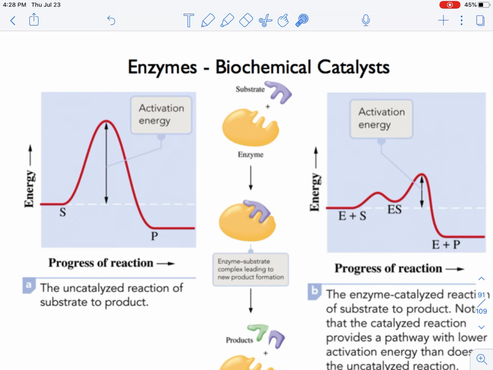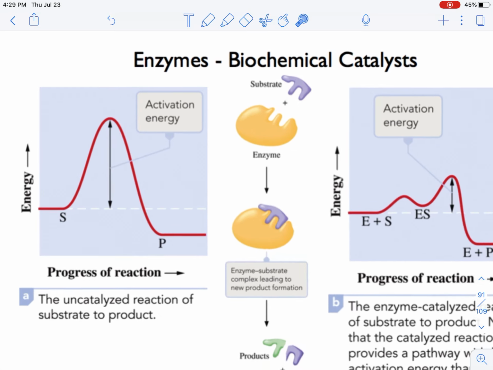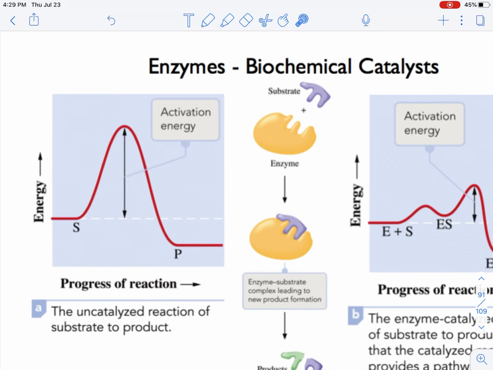Without these enzymes, it would take years and years, probably millions of years, for your body to break down a burger. In the presence of enzymes, that burger can be broken down very quickly, and the nutrients absorbed from the burger can, for example, provide energy in the form of ATP to do cellular work.